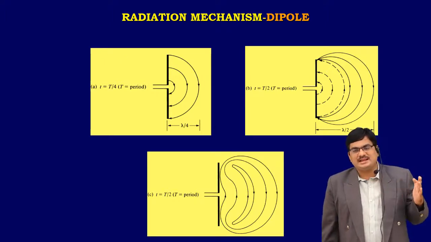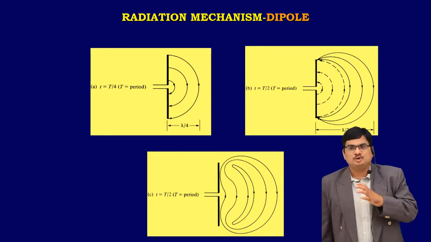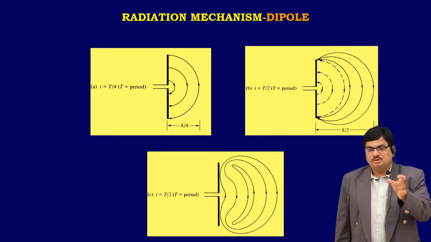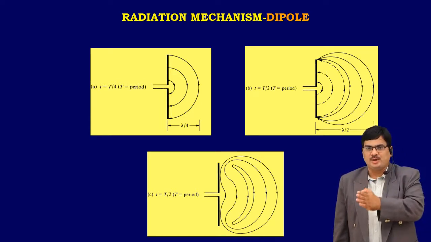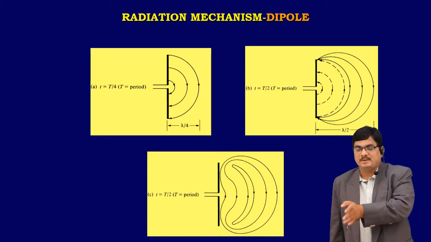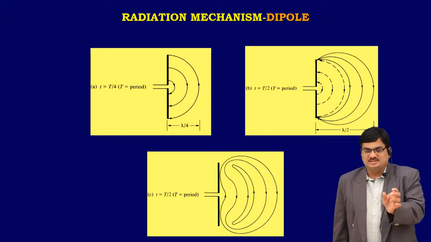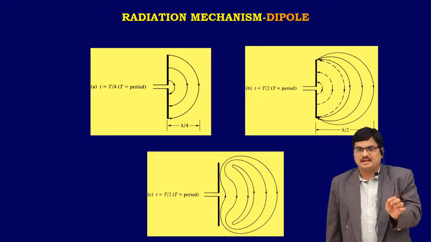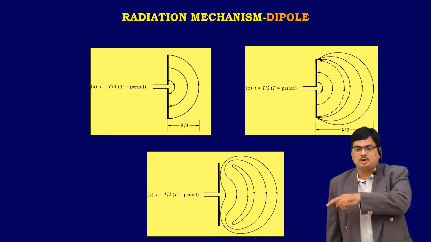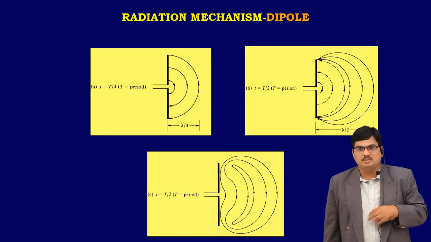As time increases to t is equal to T by 2, the waves are transmitted in two ways. One is at T by 4, and another is from T by 4 to T by 2, where you are having some magnetic loops.